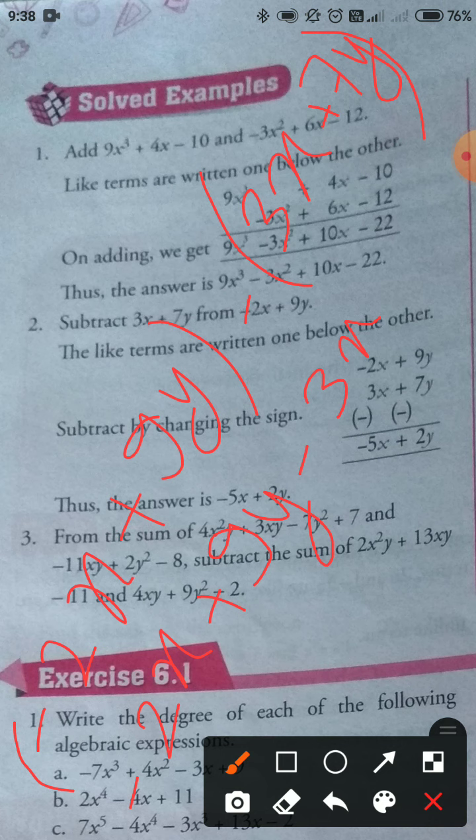And minus times plus is minus, so minus 7y. And now you have a linear calculation to do. So if you subtract 3x from minus 2x, you will get minus 5x, and if you subtract 7y from 9y, you will get plus 2y. This was your answer. You can do the addition and subtraction in this manner also.